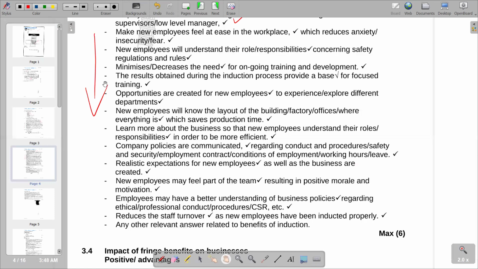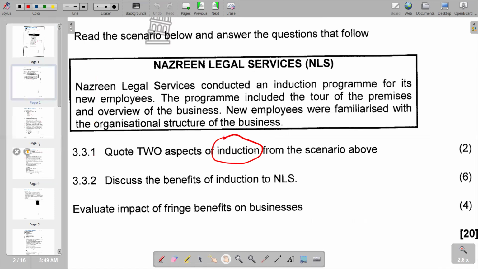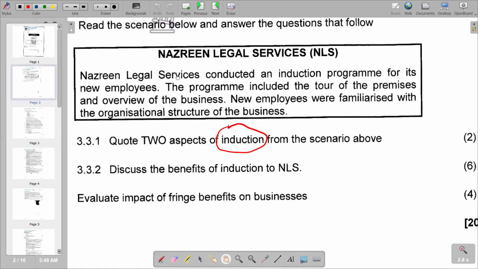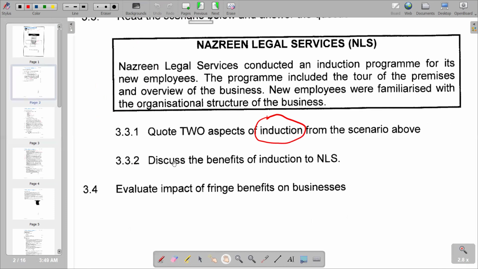Then we go to the next question, which is 3.4, which says: evaluate the impact of fringe benefits on businesses. So obviously, we need to understand exactly what fringe benefits are.